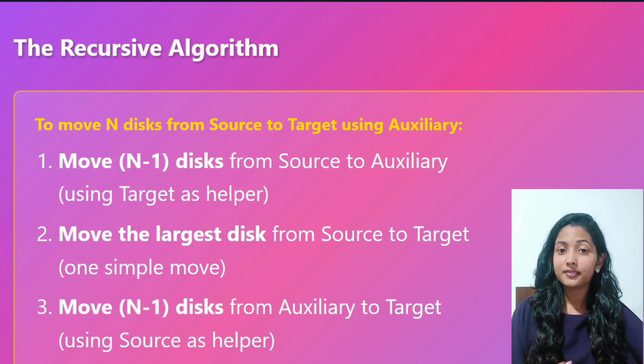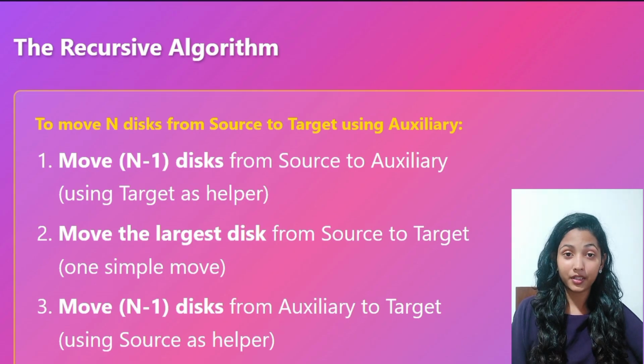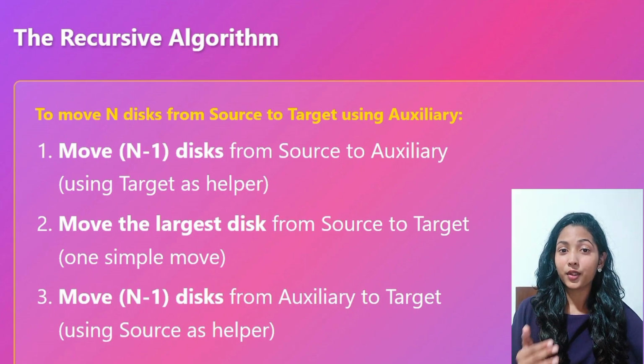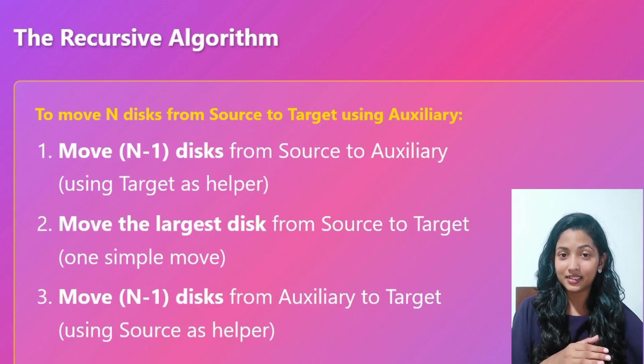Here we only use 3 disks. As you can remember, in the first 3 moves and the last 3 moves, we only move 2 disks. We ignore the largest disk. So no matter the number of disks, we have to ignore the largest disk in the first moves and the last moves.